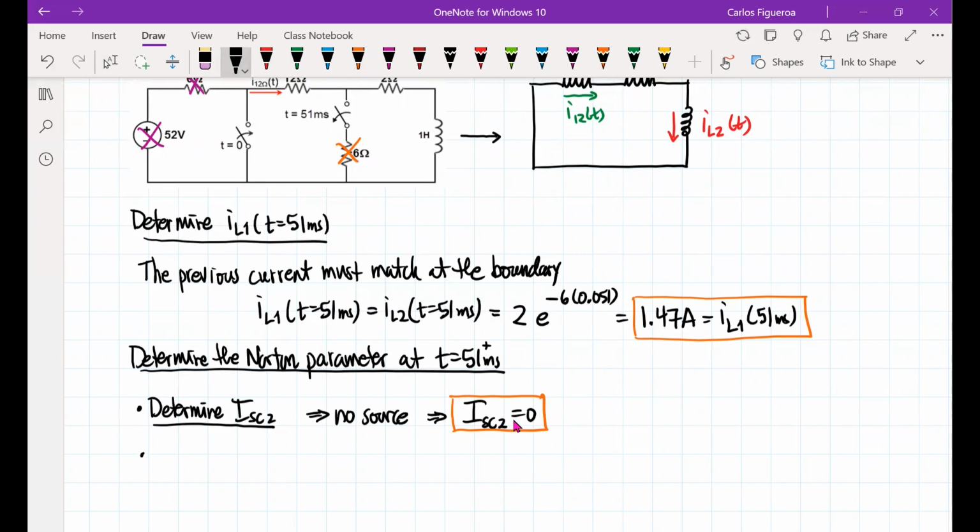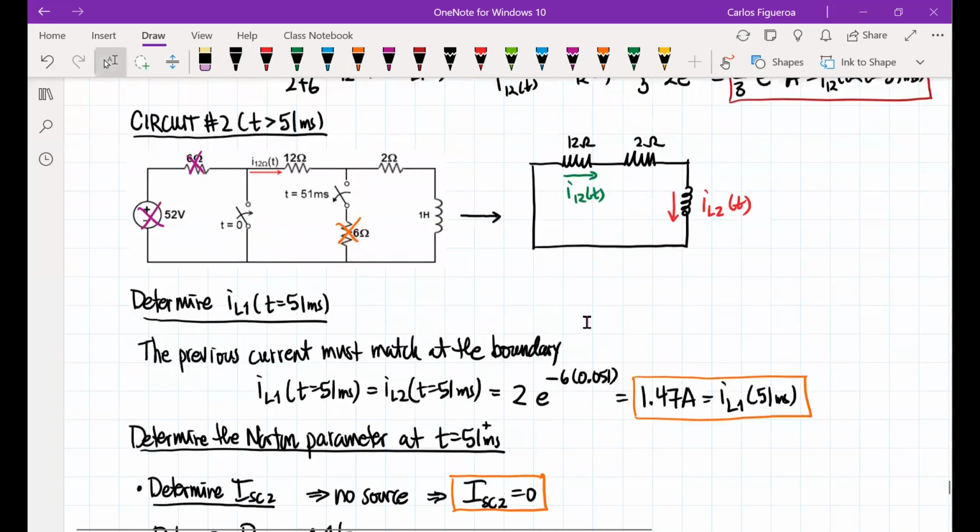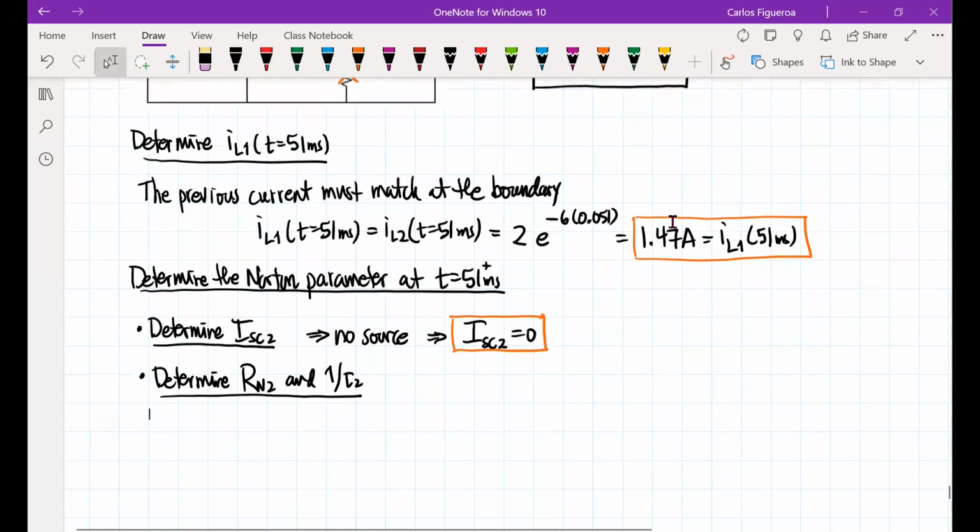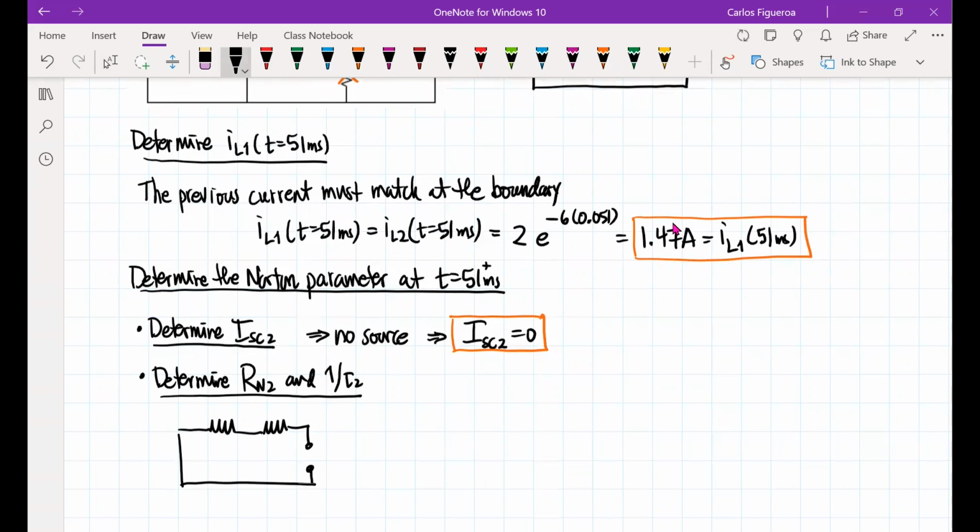So we now know that. Then the next thing we want to determine is our Rn2 and 1 over tau 2. So look at our circuit. We have a 2 and a 12 in series. So if I draw this out, here's our 12, here's our 2, and then this right here is Rn2.